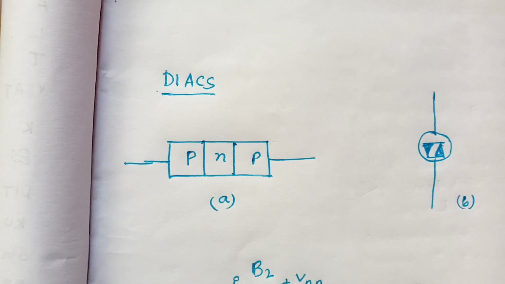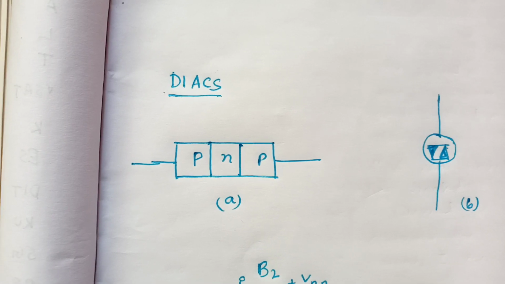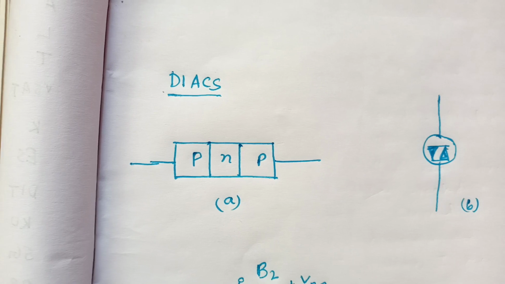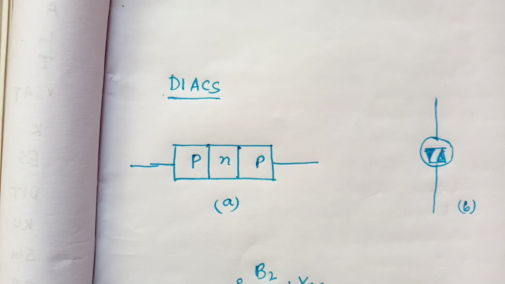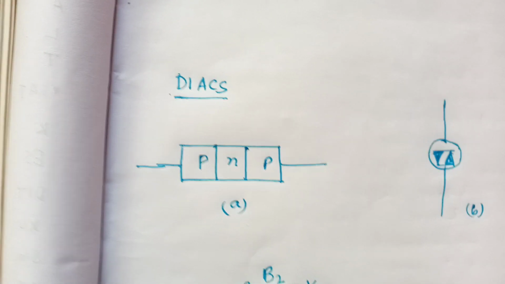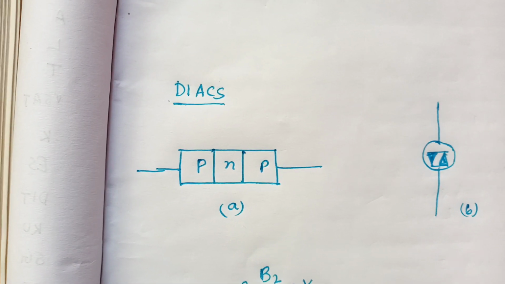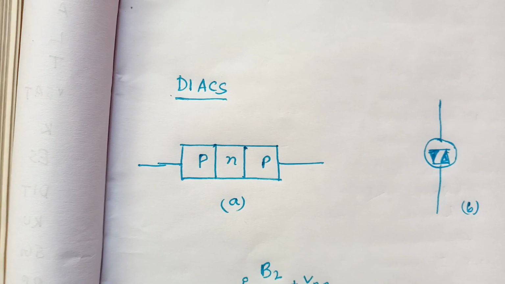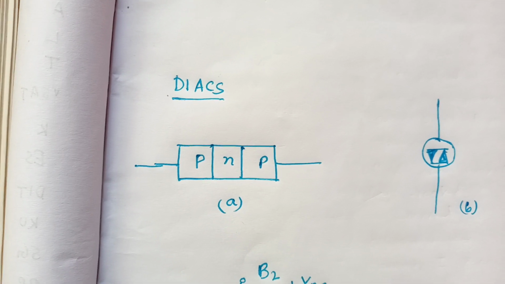The difference from the bipolar transistor is that the doping levels at the two junctions, the PN junction and the NP junction, are nearly the same, and no other terminal like a base terminal is connected.